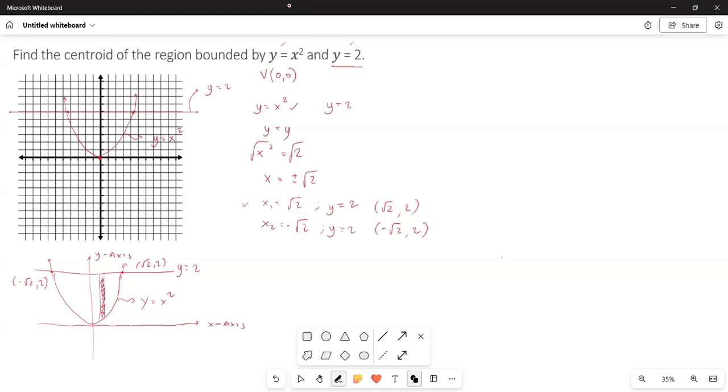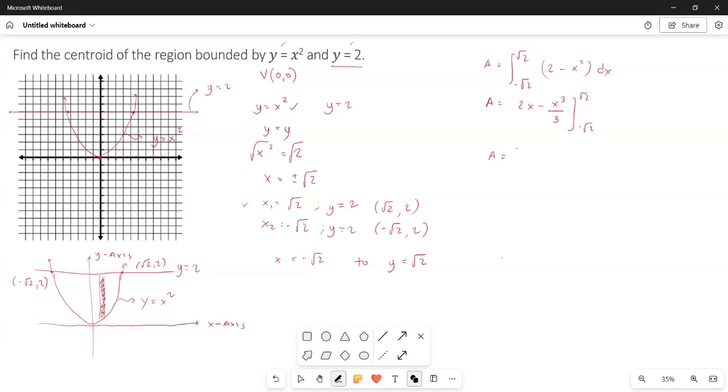Okay, so therefore yung strip natin is magta-travel from negative square root of 2 to positive square root of 2. Okay. For the area, we have negative square root of 2 tapos square root of 2 na limit. Tapos y upper, which is 2, minus y lower na x squared times dx. So kunin natin yung ating integral. So 2x minus x cubed over 3, negative square root of 2 to positive square root of 2.